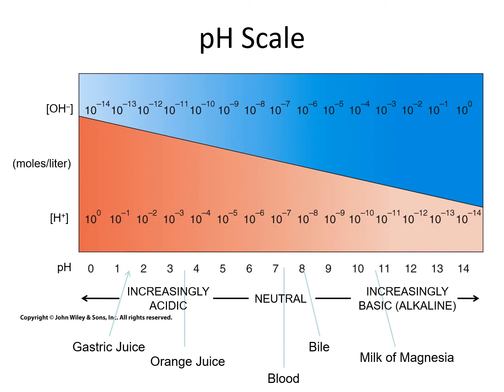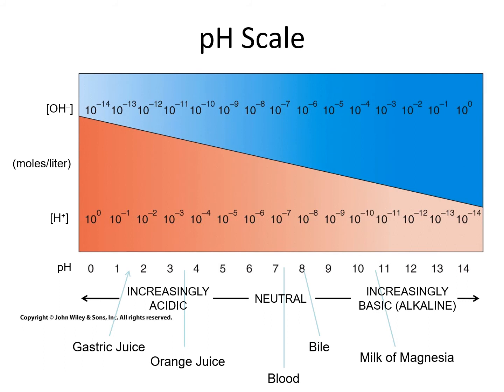Again, just note that we're measuring the concentration of hydrogen protons, and this is going to be basically the inverse of the concentration of hydroxyls. And pH is a negative log value, which means that as we get more hydrogen protons, the value gets lower.